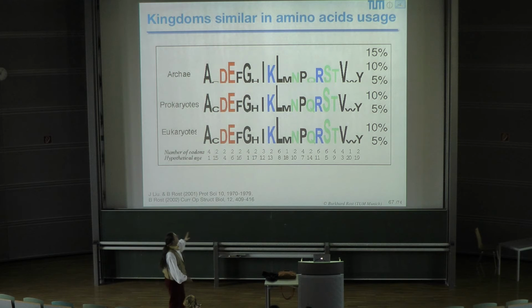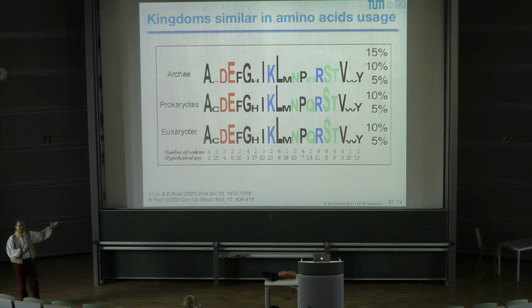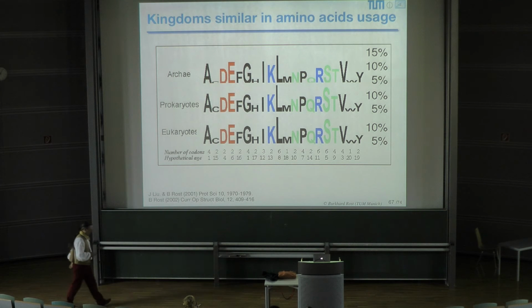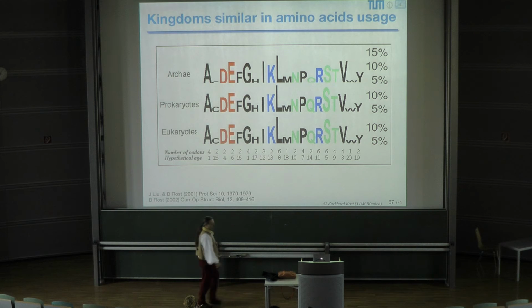The fact is, the amino acids are essentially similar between archaea, prokaryotes, and eukaryotes. So again, the height of the letter is the percentage of that amino acid. It's the 20 amino acids here, leaving out the cysteine. And you see that essentially, overall, over the entire organism, they are similar. I'm not going to go through the animation again, but there's a paper.